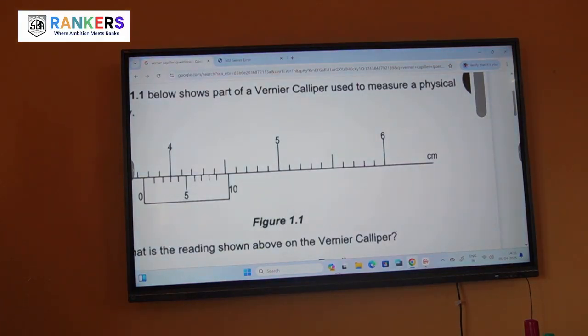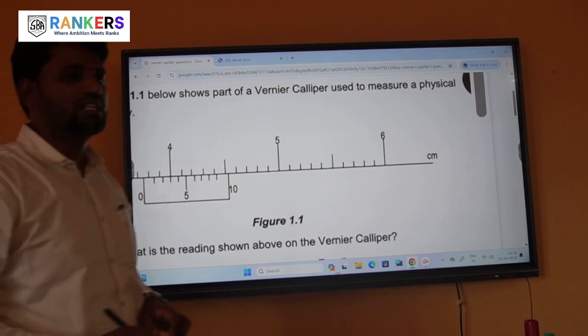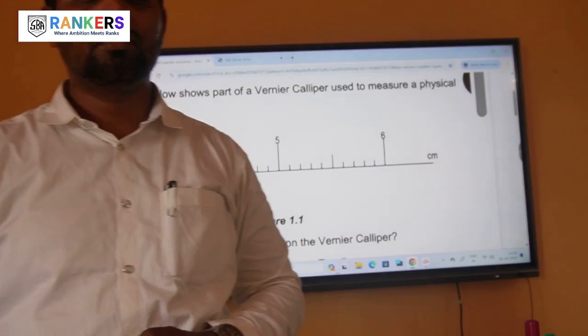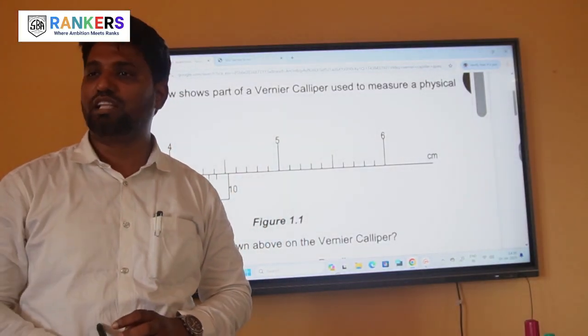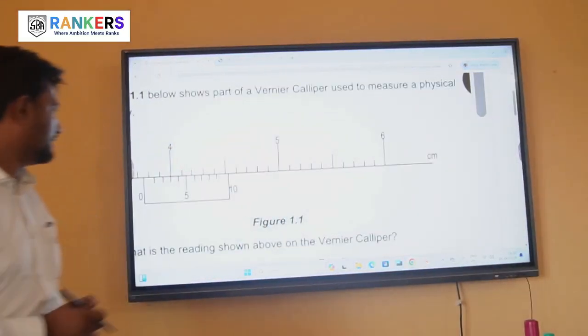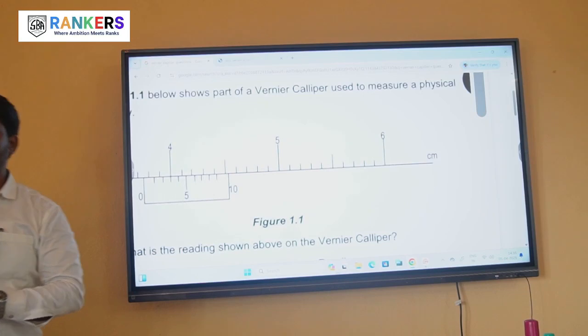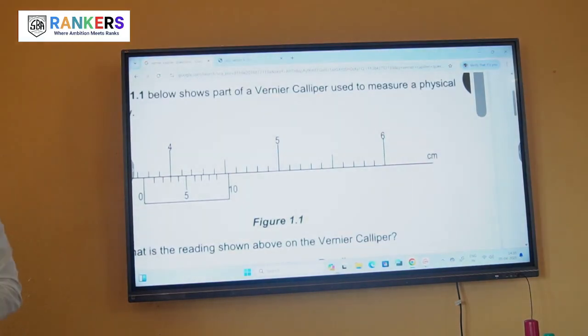Okay, what is the MSR value? Main scale reading. That is 3.7. This one now. This is 3.8, but we consider only 3.7 right now. MSR equal to 3.7. MSR equal to 3.7. Now tell me, which line is exactly on one side? Which one is the Vernier scale reading?